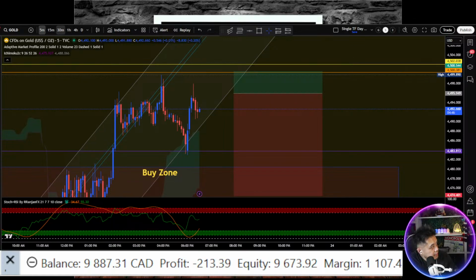A little bit of a top wick for it to fill. Still bullish. I'll go to the washer.